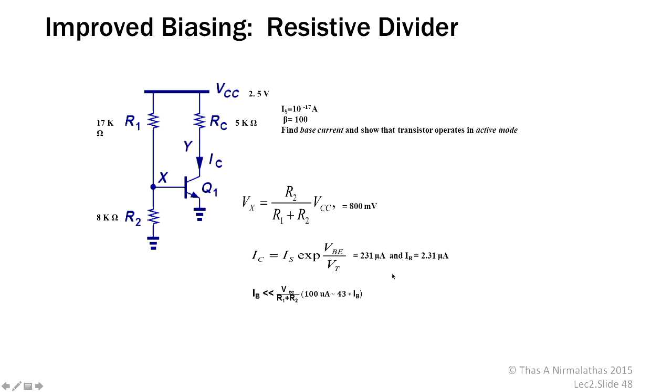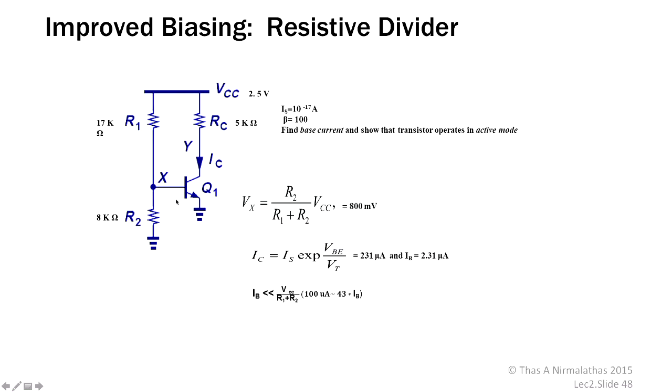But now you can check your 100 microamps. Your IB equal to 2.31 microamps is 43 times smaller than this current. Now I can come back to the fluctuation. If your VCC is fluctuating 10 times, then this current, VCC by R1 plus R2, this 100 microamps, will also fluctuate 10 times.